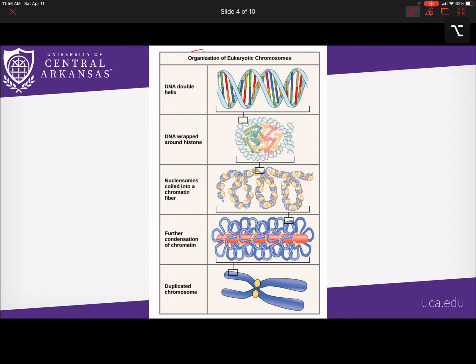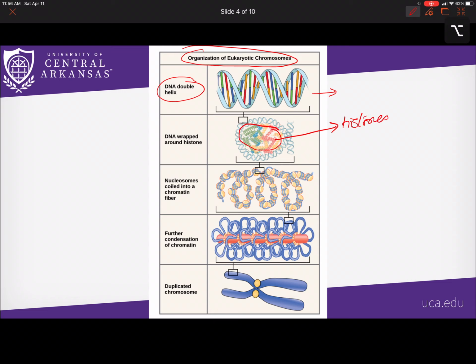This is the organization of the eukaryotic chromosome. The basic structure is that the DNA is a double helix, so two strands of polynucleotides are bound together to form a molecule of DNA. Now this DNA molecule is wrapped around histone proteins.